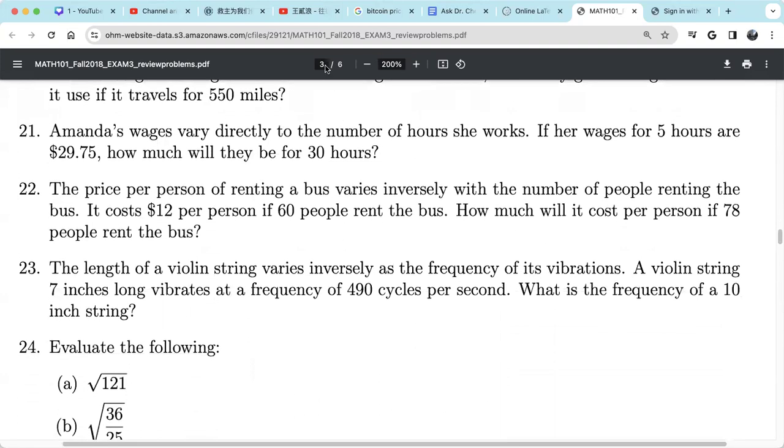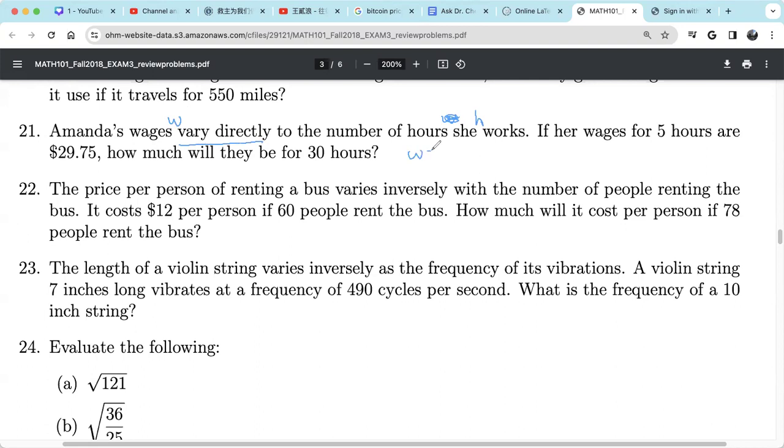Okay, now let's see question 21. I'm going to finish the word questions and then take a break. 21 is saying Amanda's wages vary directly with the number of hours she works. Let's say she works H hours. Let's use W for wage.